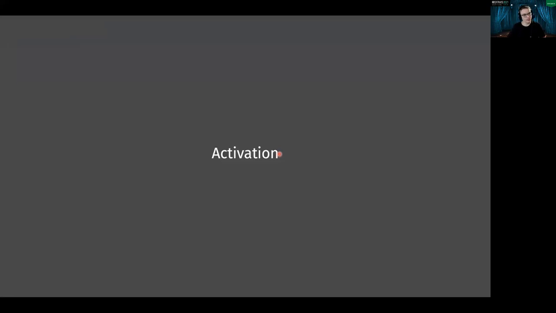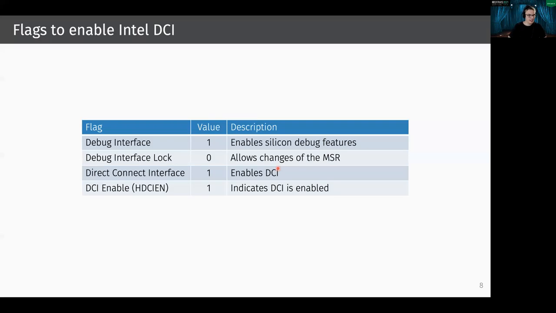As already said, DCI should be disabled by default. This means, yes, we first need to activate it. And to activate it, there are some hidden firmware flags that need to be set.